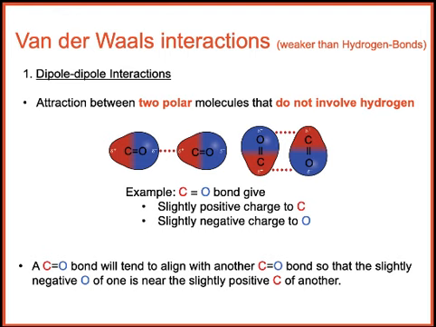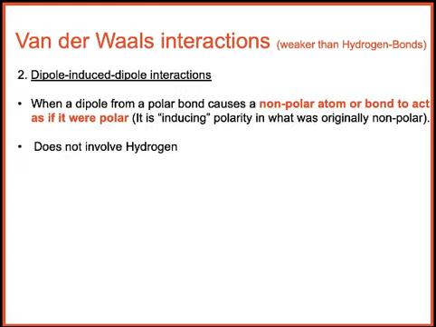You have a slightly positive charge on C and a slightly negative charge on O. It's not big at all, if you go look at the electronegativity table. But it doesn't matter. There's no hydrogen, so we can't call it an H bond. So CO will tend to align with another CO bond so that the slightly negative oxygen of one is near the slightly positive carbon of the other.